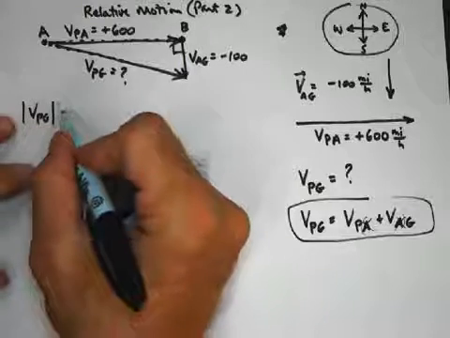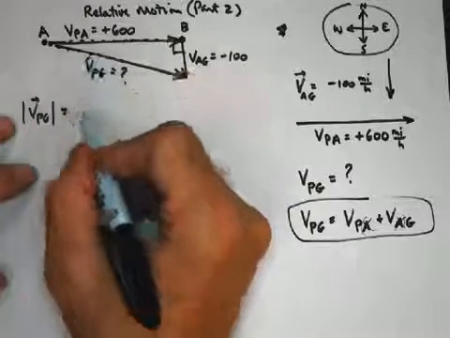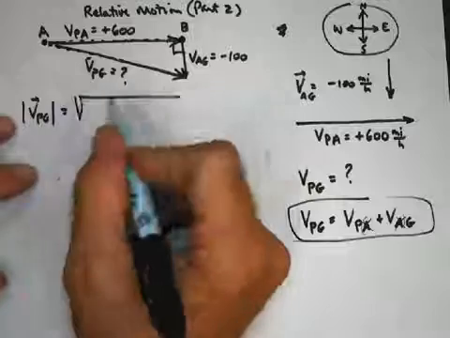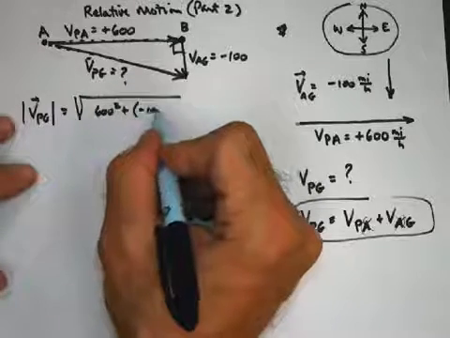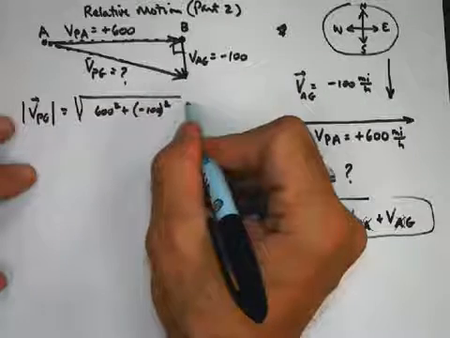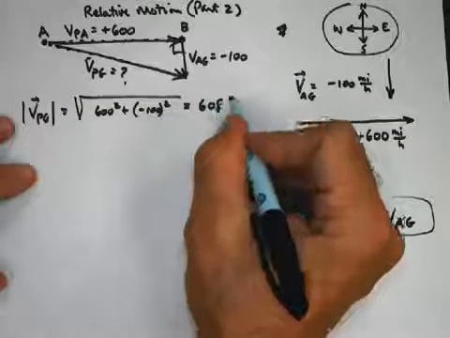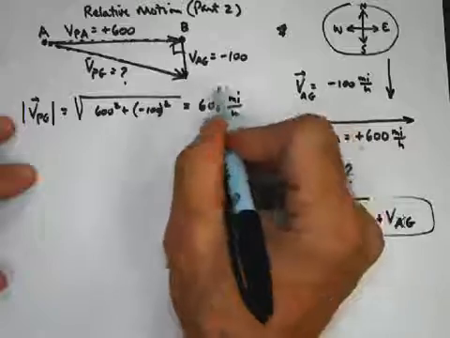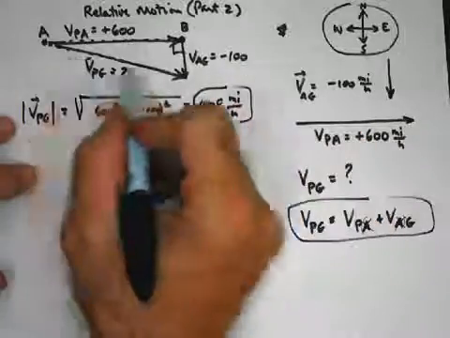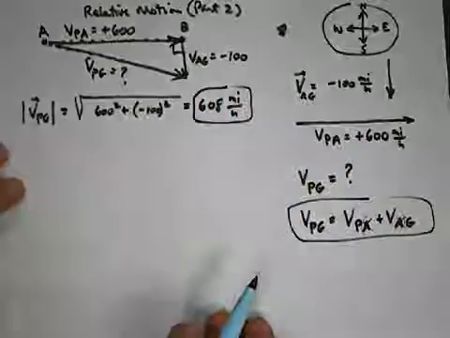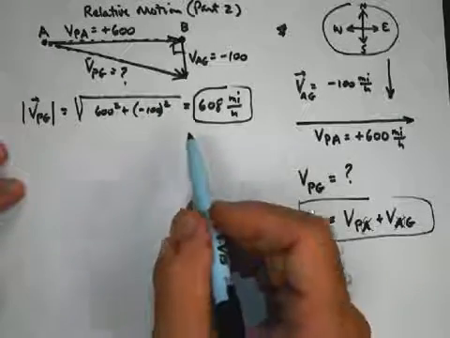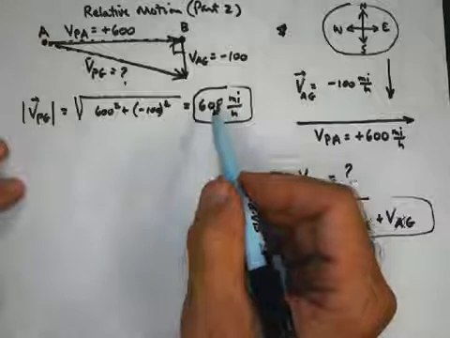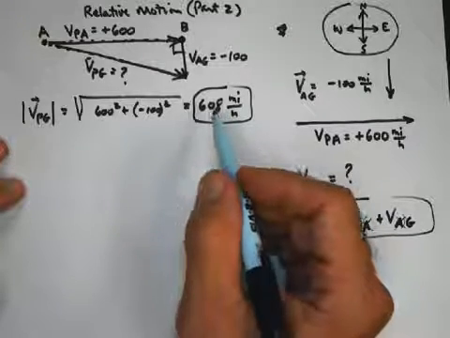That'd be 600 squared plus negative 100 squared, and we get 608 miles per hour for the magnitude of the velocity of the plane with respect to the ground. Since it's with respect to the ground, that's not the speedometer speed, that's the speed relative to the ground. That's the speed that somebody on the ground would measure the plane as going at.